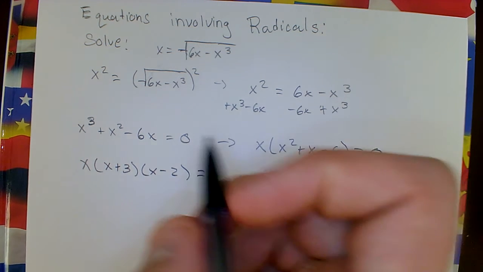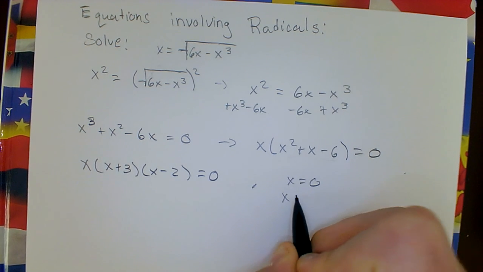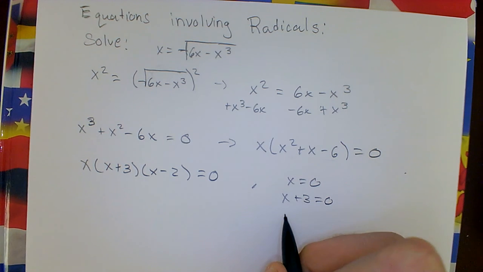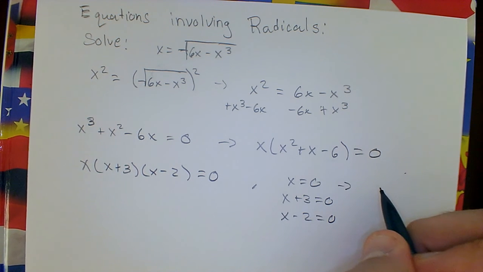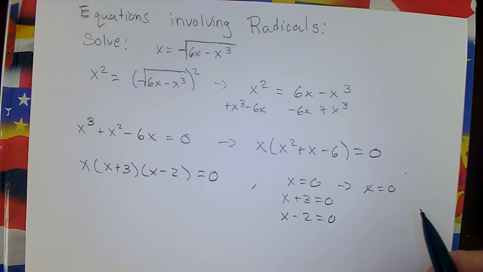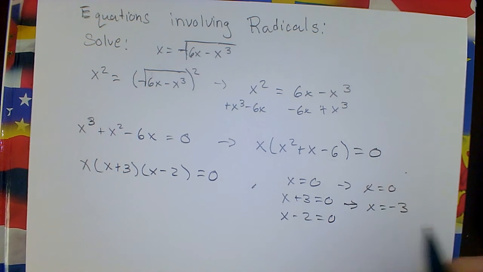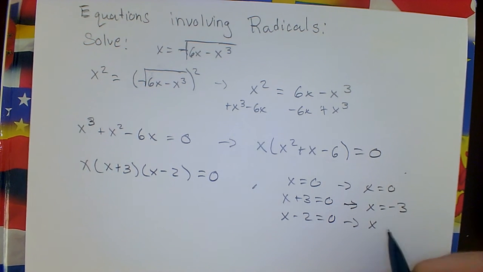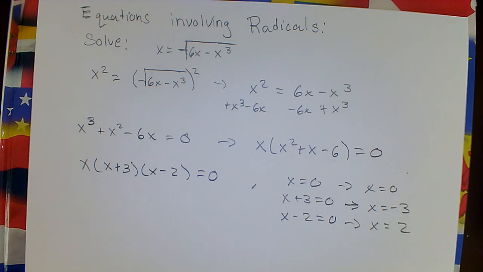We solve each of these separately: x equals 0, x plus 3 equals 0, and x minus 2 equals 0. This one's done. This one, subtract 3 from both sides, so x is negative 3. And this one, add 2 to both sides, so x is positive 2.